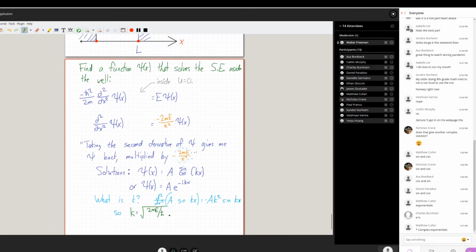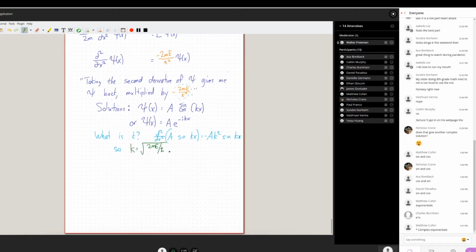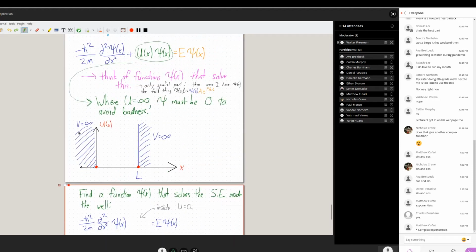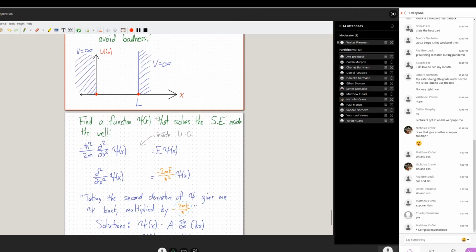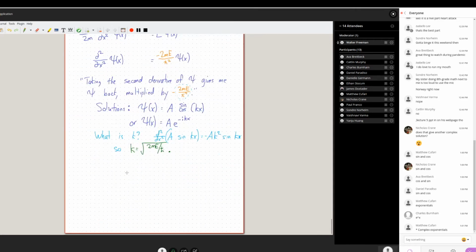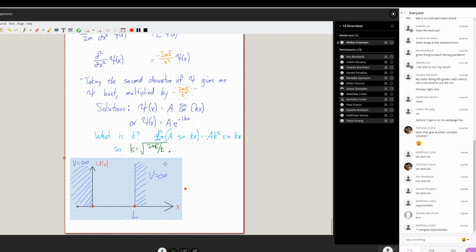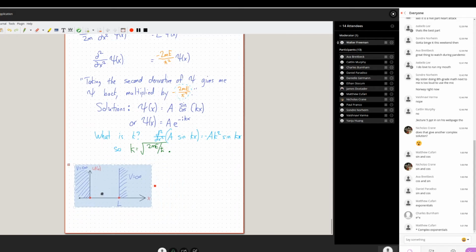So now, looking at the potential well, can I still paste it in here? Nope, that's the guest link. Looking at what I know about the potential well here, can you tell me if I want sines, cosines, or complex exponentials?